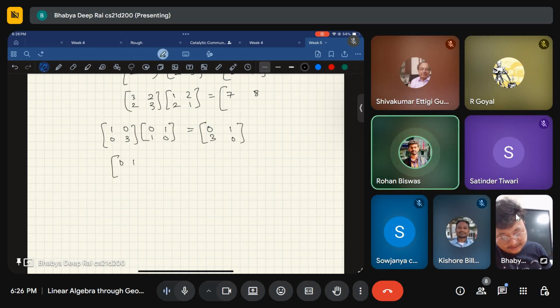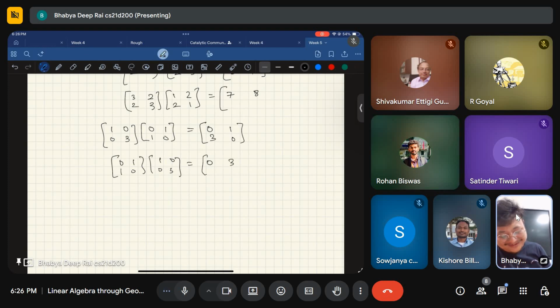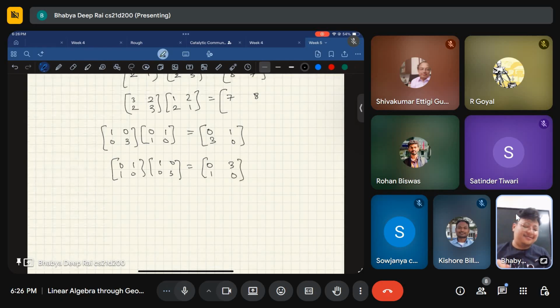Now if we multiply in the reverse order, I think it will work because of the zeros. It gives 0 3 1 0. Okay, yeah. Good. The zeros helped me. So symmetricity is still not implying commutativity.